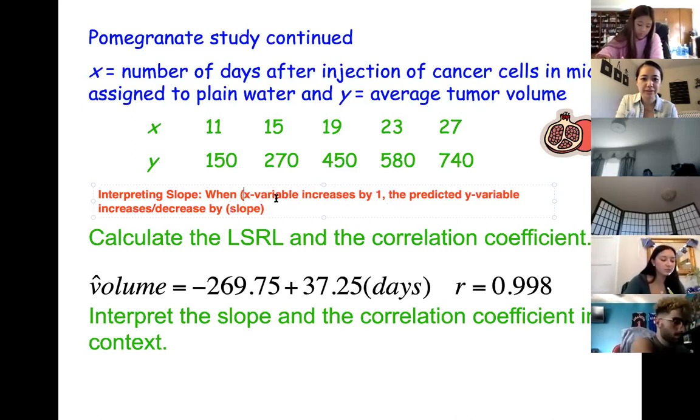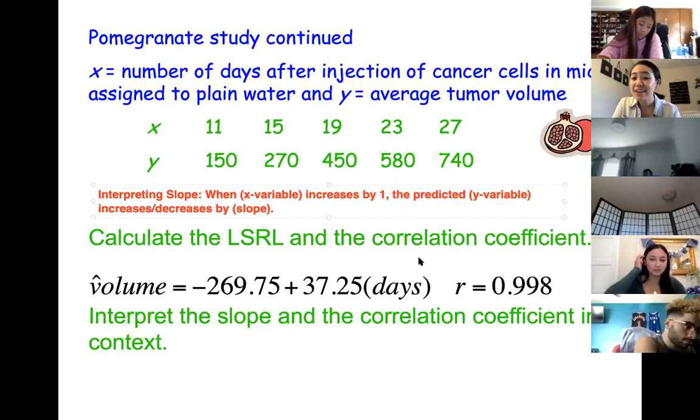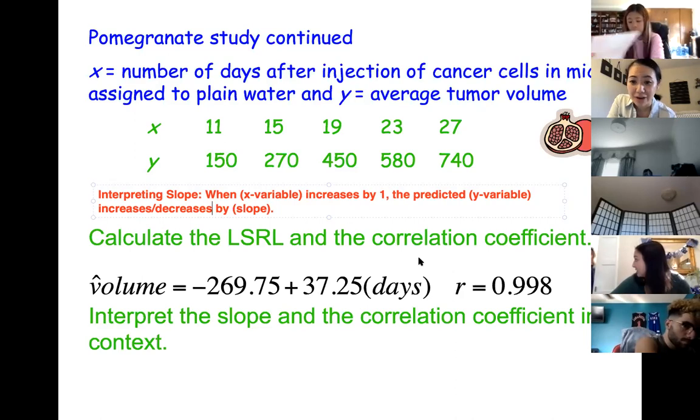I'm putting in parentheses what you need to change out depending on the problem. So that's your general interpretation: when your x variable, whatever it is, increases by 1, the predicted y variable will increase or decrease by the value of that slope.